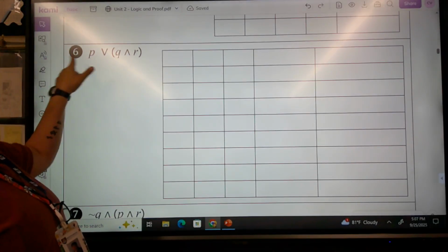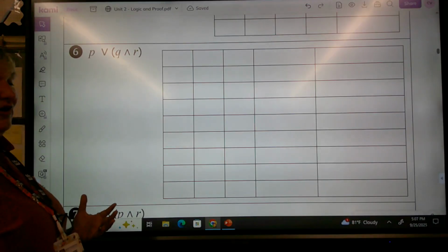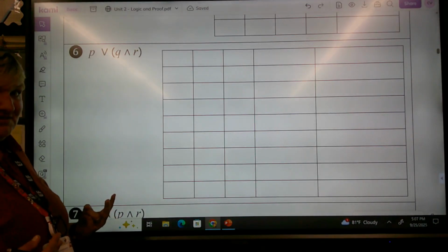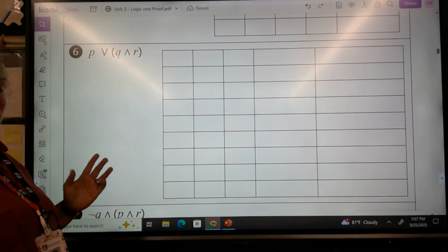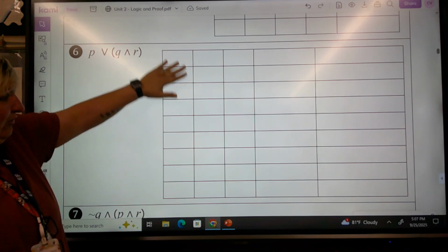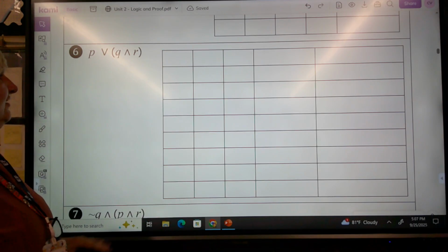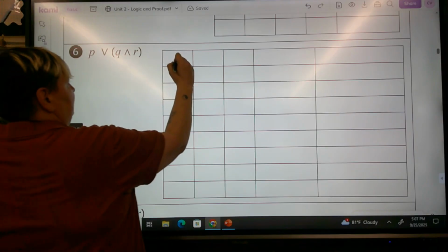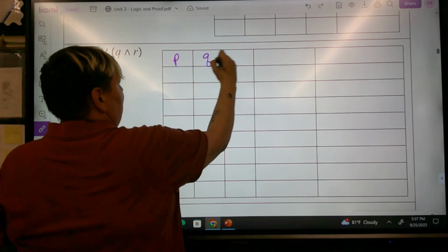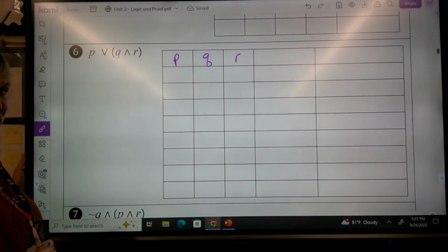All right, number 6, we're making it a little more complicated. Everything we've dealt with so far has had 2 statements. This one has 3 statements, which means we have to adjust the amount of possible outcomes. So let's start by putting our statements. There's a P, there's a Q, and there's an R. This one has no negations, so we can ignore that for now.